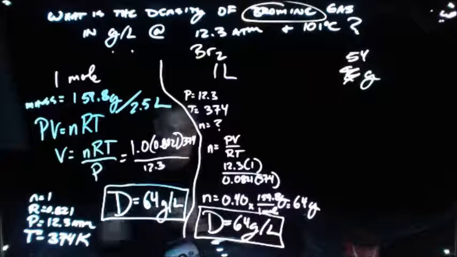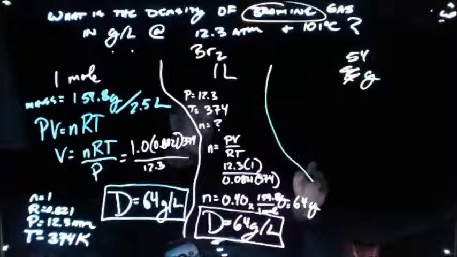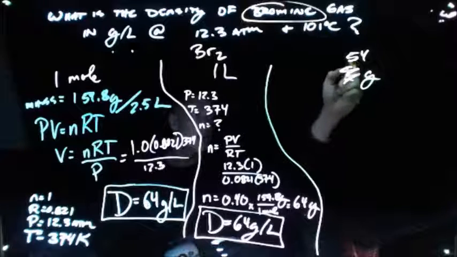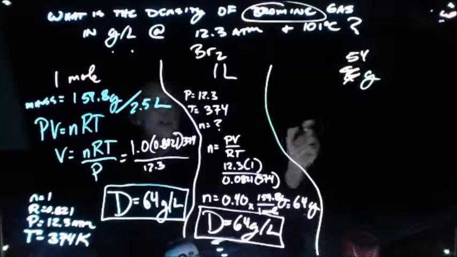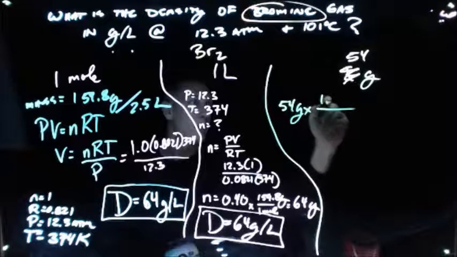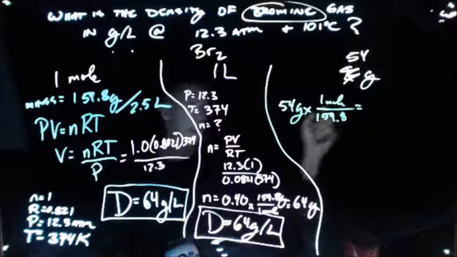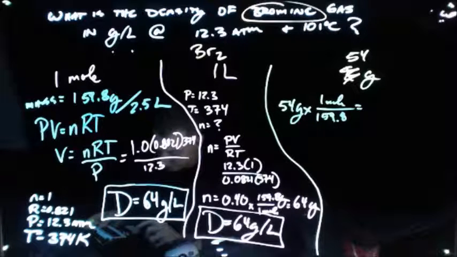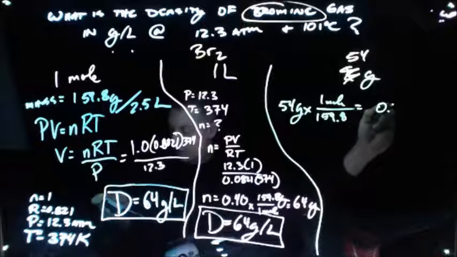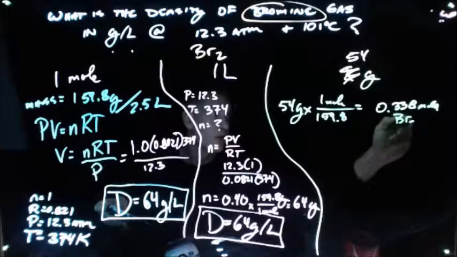Now let's do it with some randomly chosen grams. It matters less than nothing what number you would pick, but you want to know, with 54 grams, what would the volume be? So we go 54 grams times 1 mole for every 159.8 grams. That means we're dealing with 0.338 moles of Br2.